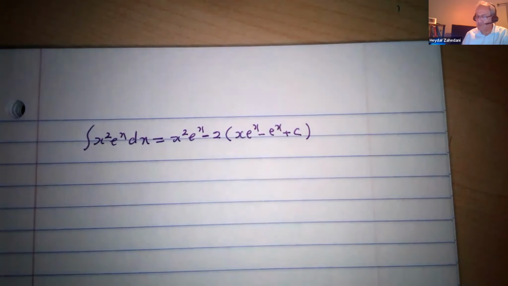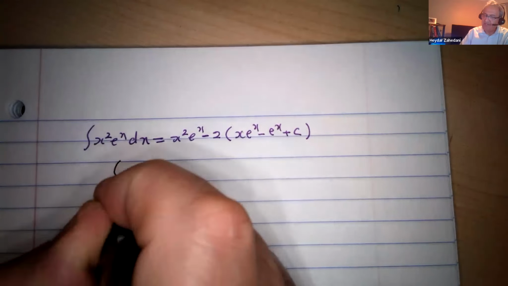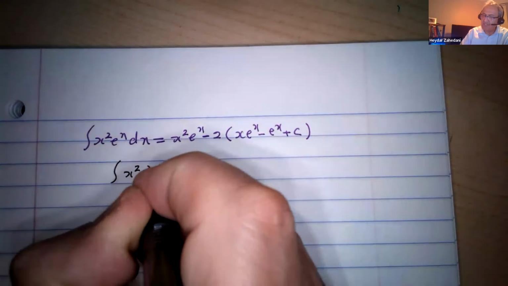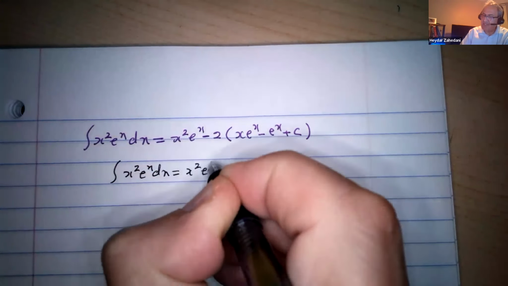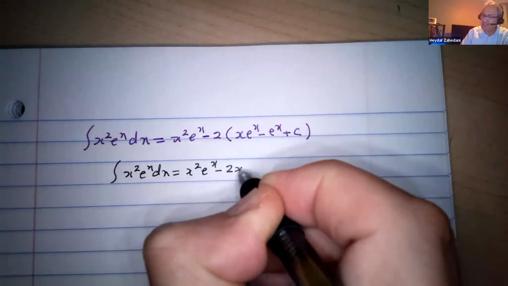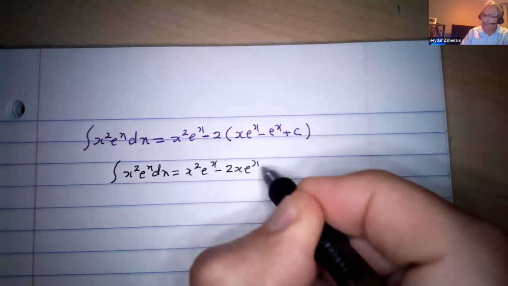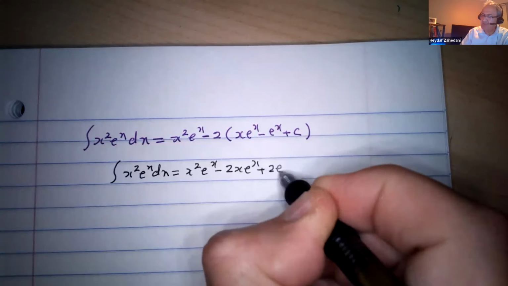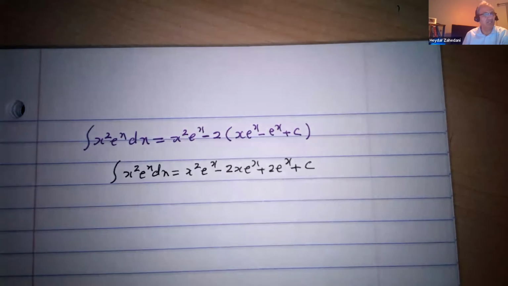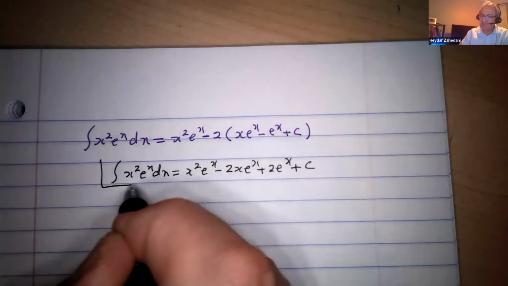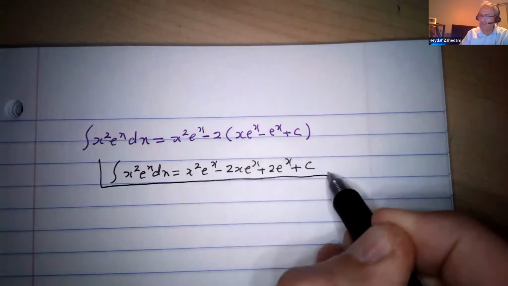If you distribute it, the final answer would be the integral of x squared e to the x dx equals x squared e to the x minus 2x e to the x, negative times negative is positive, plus 2e to the x plus the constant c. It doesn't matter, negative 2c or just c is the same thing. So that gives you the result of your integral.